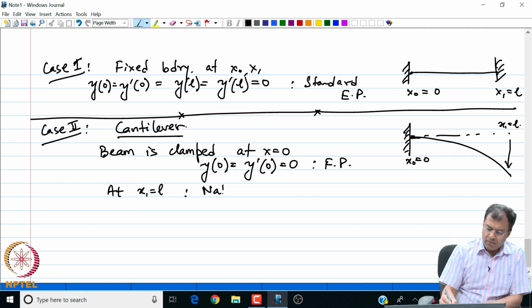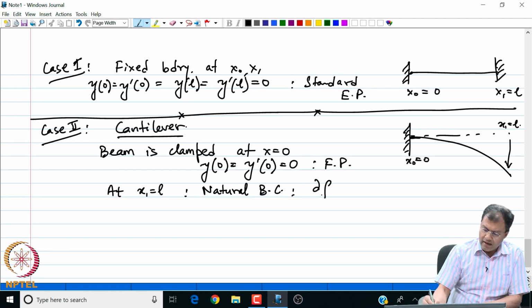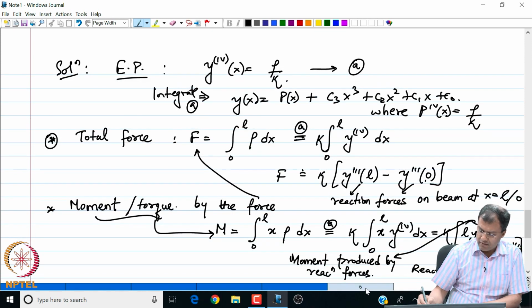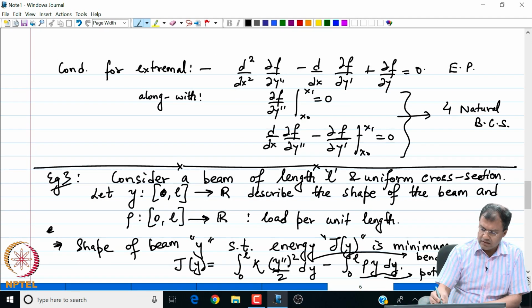We impose the natural boundary condition that I have del f del y double prime. Let us go back a few slides. We have the natural boundary conditions which are these two quantities at x 1.